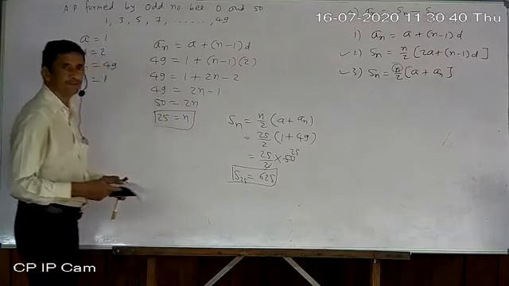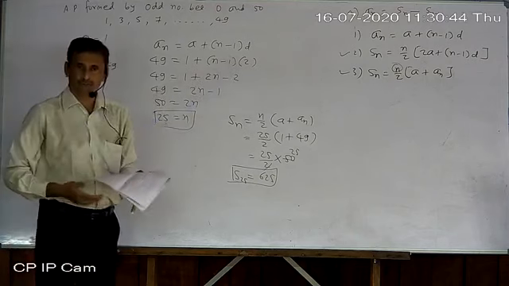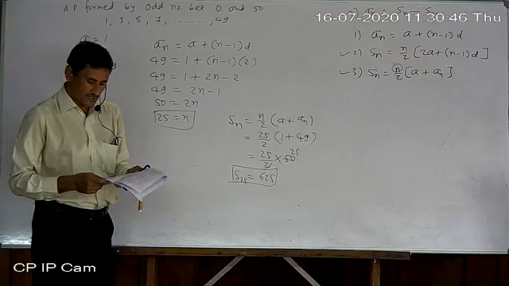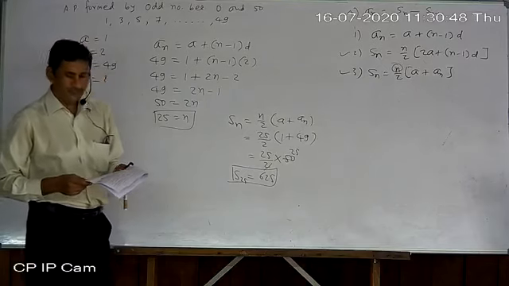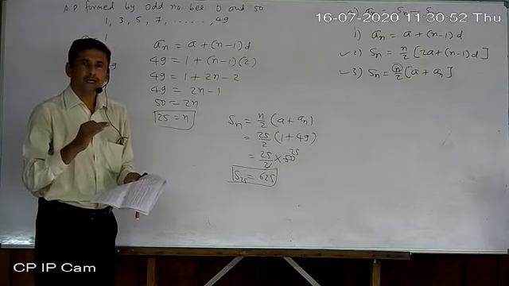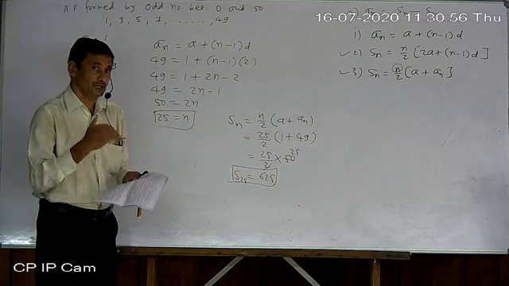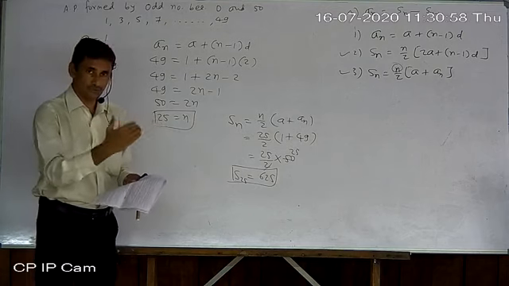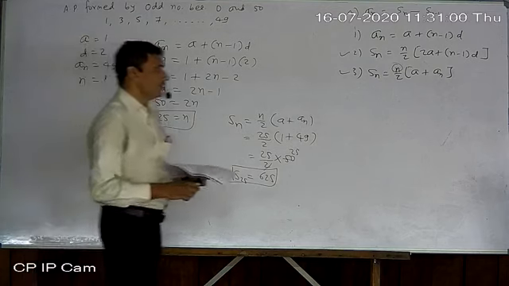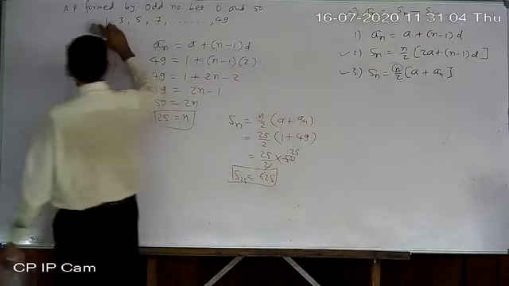If it is 2 days late, then 250 rupees. If it is 3 days, then it is 300 rupees. So each day the contractor has to pay some amount, and that amount is being increased. So obviously that amount forms an arithmetic progression.